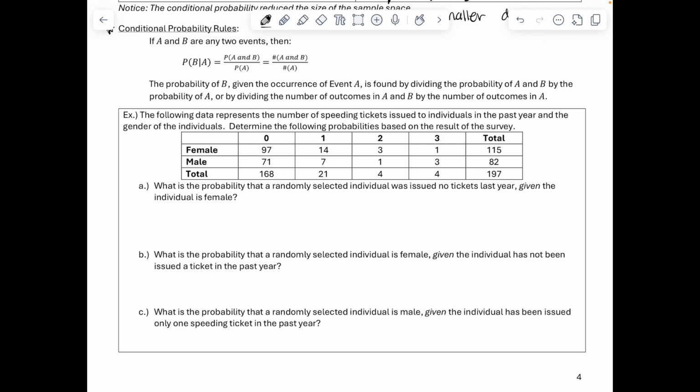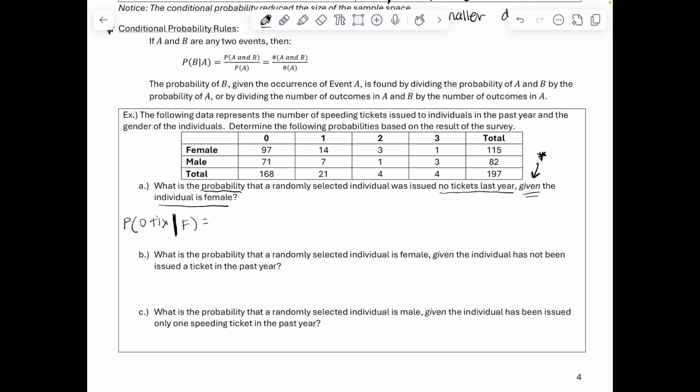So part A says, what is the probability that a randomly selected individual was issued no speeding tickets last year, given the individual is female? So this word given, we know, is that conditional probability. So this is asking for the probability that 0 tickets were issued, given, which we use that straight up and down line, the individual identifies as female.